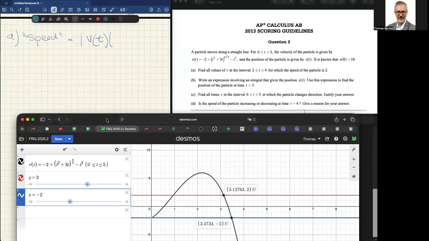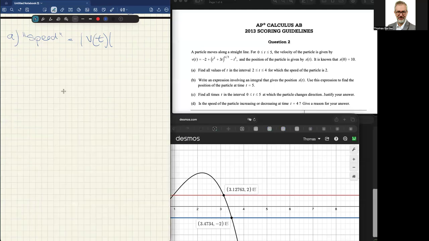So we can say here that v of, let's find the first one here, 3.1276, that's enough, is equal to 2, and v of 3.473 is equal to -2.